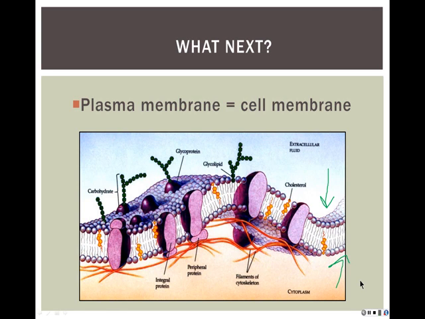In the next slideshow, we're going to take a look at exactly how that cellular membrane is constructed and how substances cross it. We're going to get into passive methods like diffusion and osmosis, and active methods that use energy, like active transport and the different types of active transport.